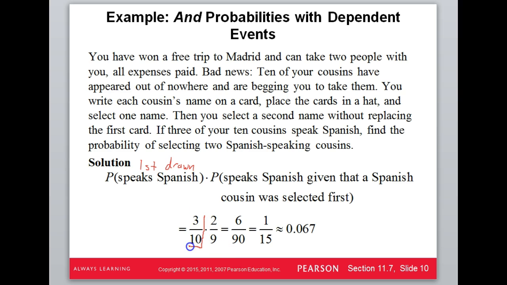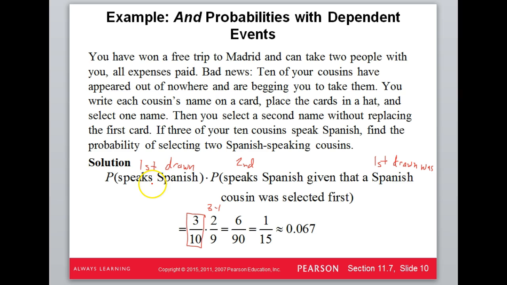There's 3 cousins that speak Spanish out of the 10 that I'm drawing, times the probability the second speaks Spanish, given that the first one that was drawn was a Spanish-speaking cousin. Okay, well, there's 2 left, because the first one drawn was a Spanish-speaking cousin. There's 1 less than there was before, so 3 minus 1 is 2.